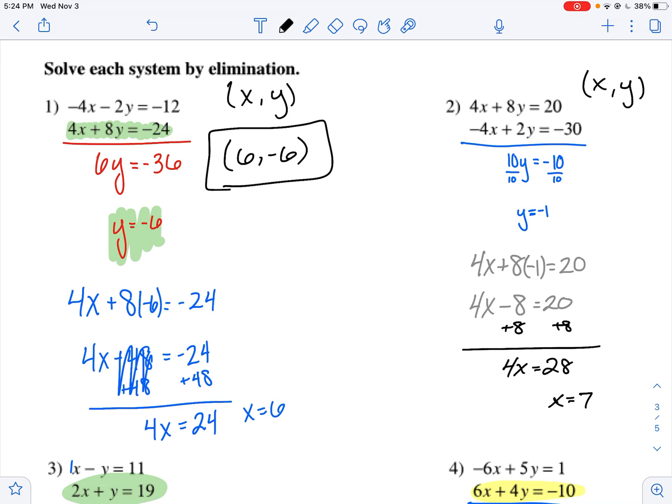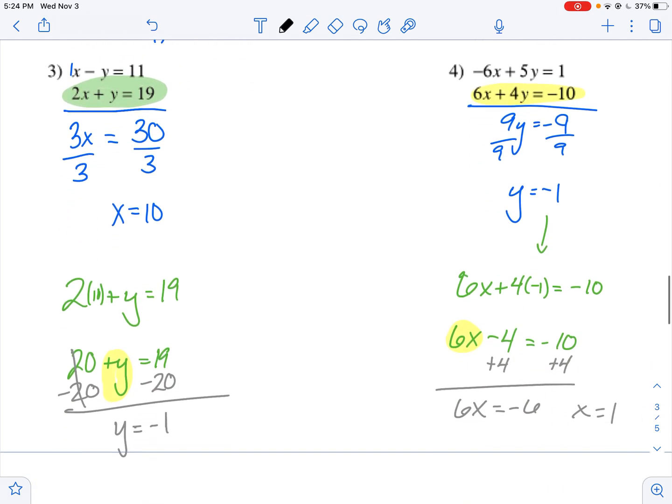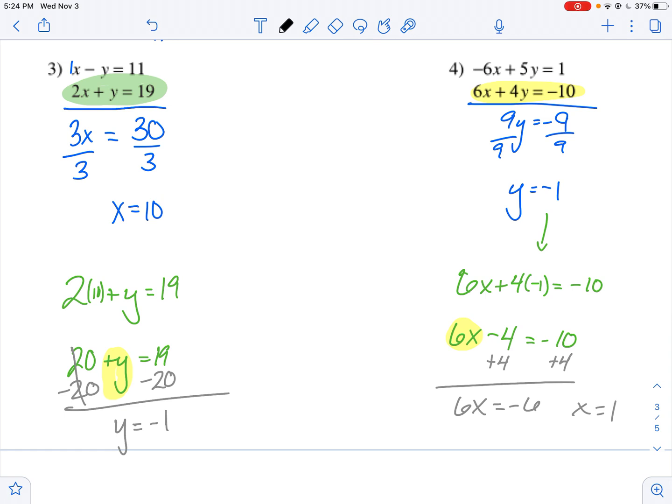On number 2, x is down at the bottom here is 7, and y is negative 1. Can you take a second and find the ordered pair xy for each of the last 2 problems? And then we will end our video here.